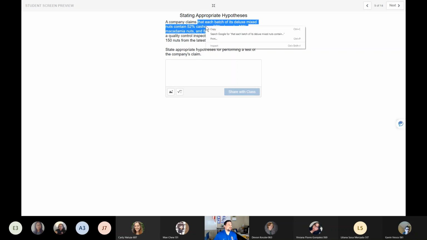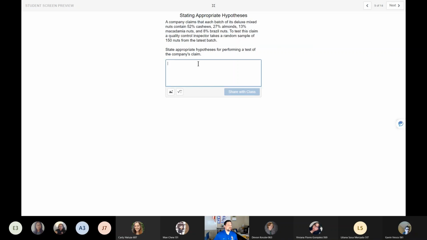Again, if you're looking at the shared screen, we can type in our null hypothesis. You can say the company's claim, and just paste in their claim, and then correct.